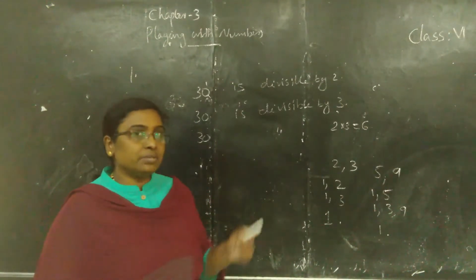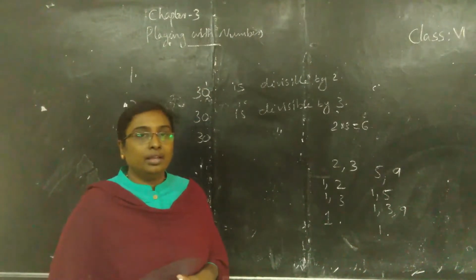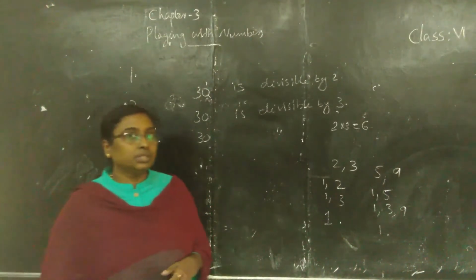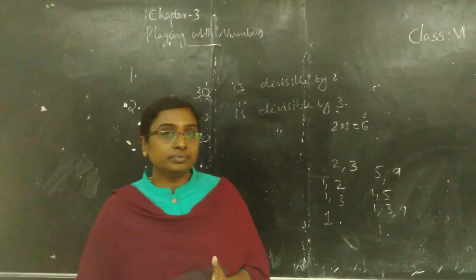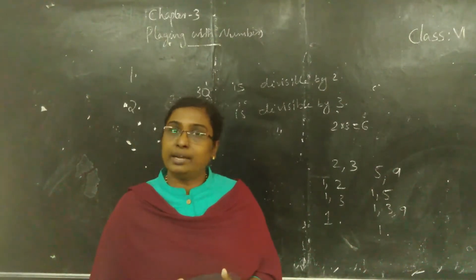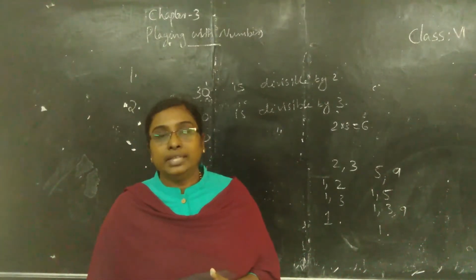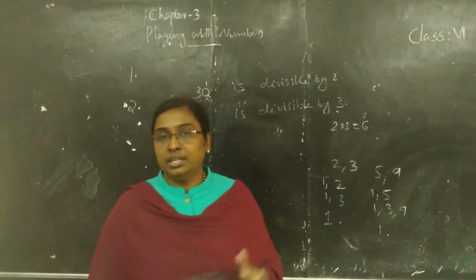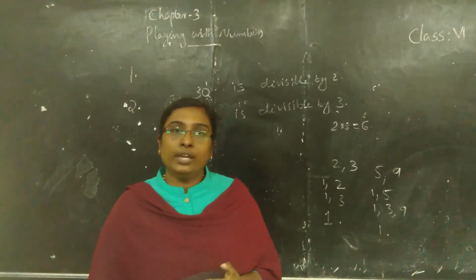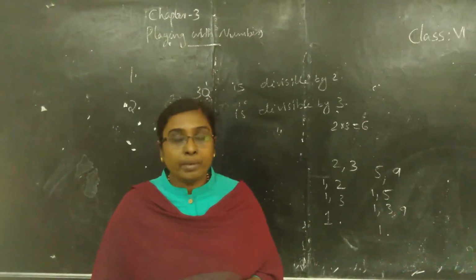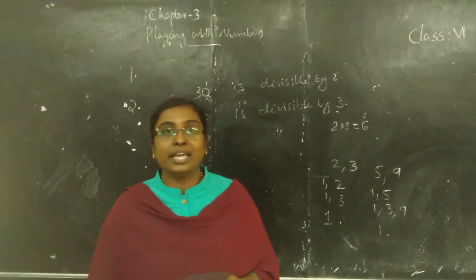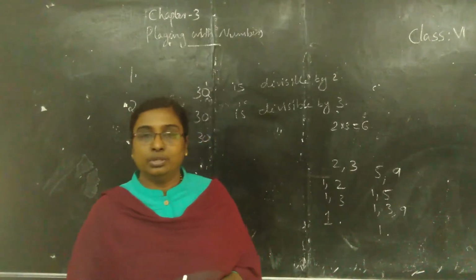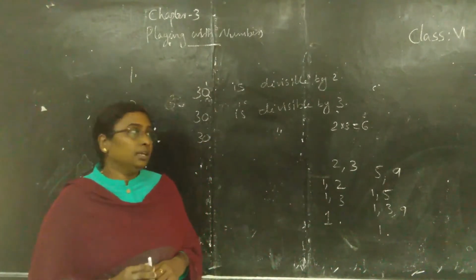Therefore, 30 is divisible by 6. This is the second rule. What is the first one? If a number is divisible by another number, then it is divisible by each of its factors. The second rule is, if a number is divisible by two co-prime numbers, then it is divisible by their product also. Did you get it?